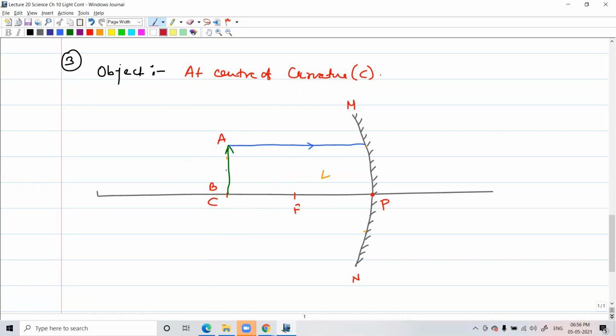So you draw the image and the object approximately the same size. Let's say you took this as 2 centimeter, you draw this also as 2 centimeter using a scale. Take a scale and draw one full straight line from here to here. 2 centimeter up, 2 centimeter down. Everyone is okay with that?